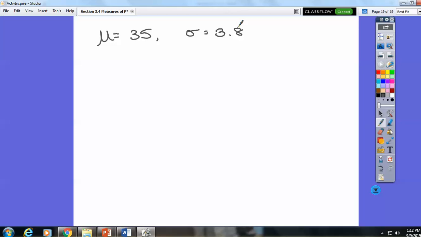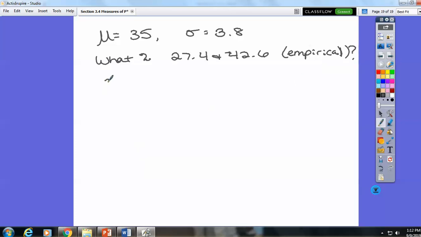And I asked you what percent of your data fell between, let's say, 27.4 and 42.6 based on the empirical rule. So you have to figure out how far away those are. Yes, we need to figure out our number of standard deviations first.